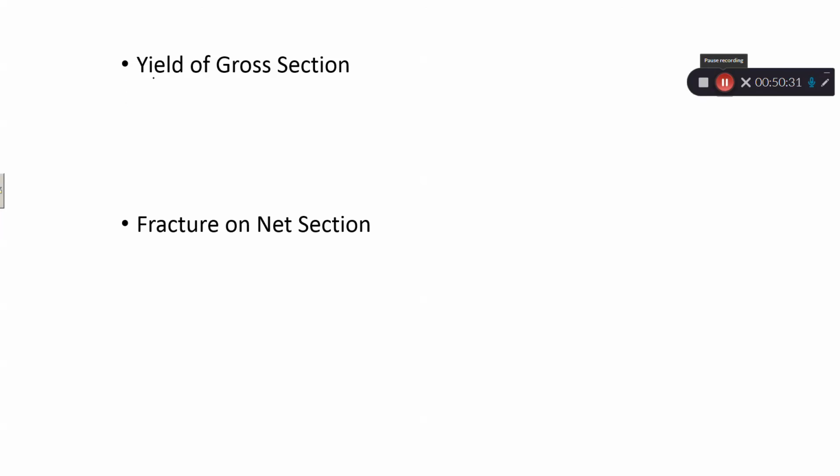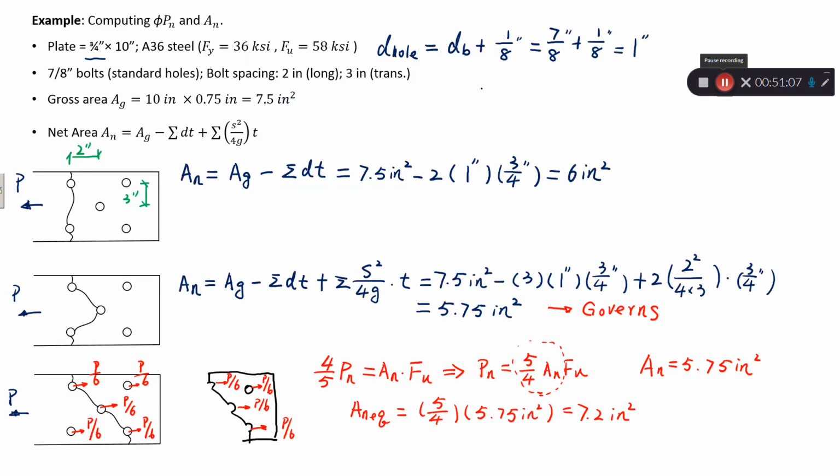Okay, so go back. In this case, we only check the two limit states, yield and fracture, right? So yield phi Pn. For yielding, remember this phi is equal to 0.9 times Ag times Fy, right? And then we calculated that Ag is 7.5 inch squared. And what material do we use? Okay, so we use A36 steel.